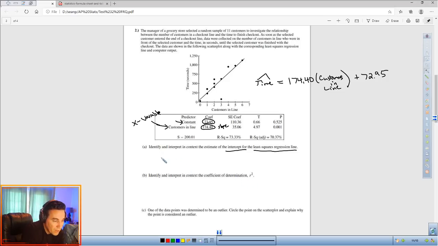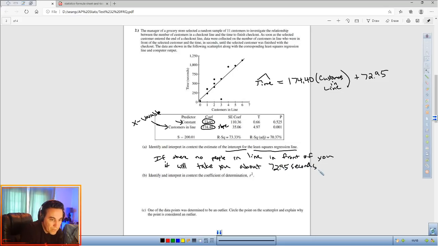So if I'm going to interpret the y-intercept, that means if there were no people in line in front of you, it will take you about 72.95 seconds, these are in seconds, to check out.